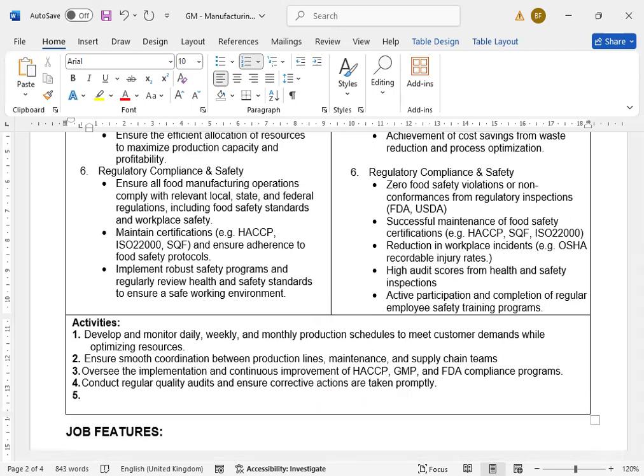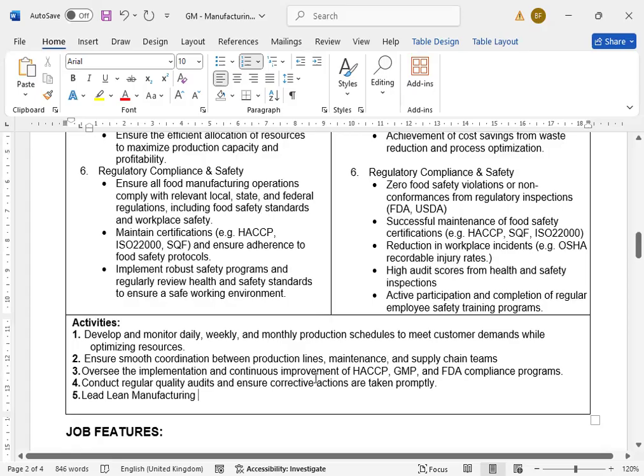Next would be lean manufacturing. This is important also in order for the manager to be able to reduce the cost, at the same time improve quality. Okay.